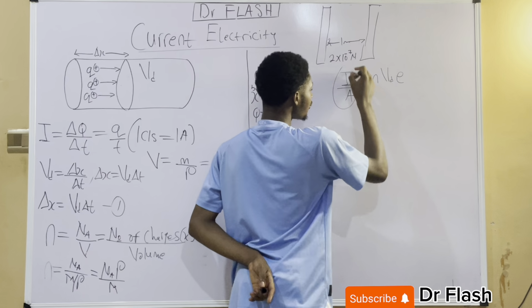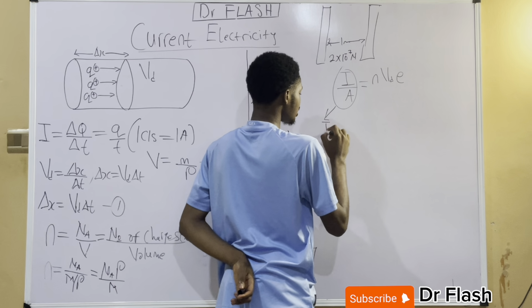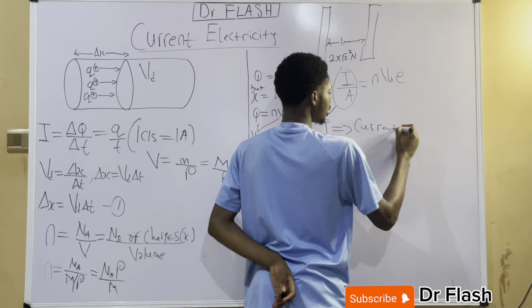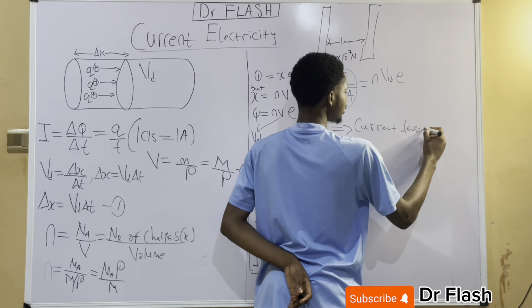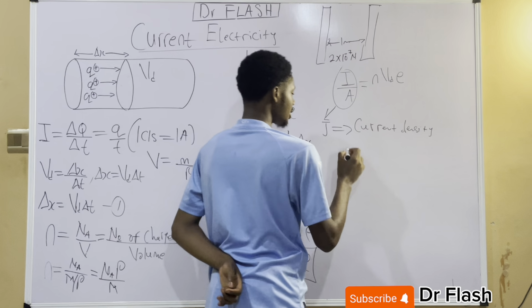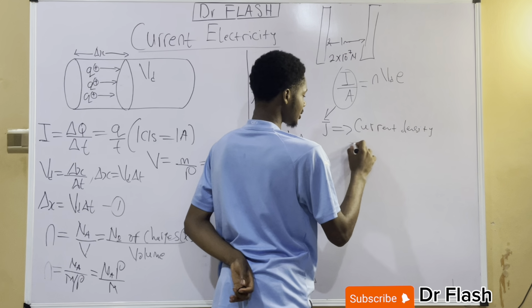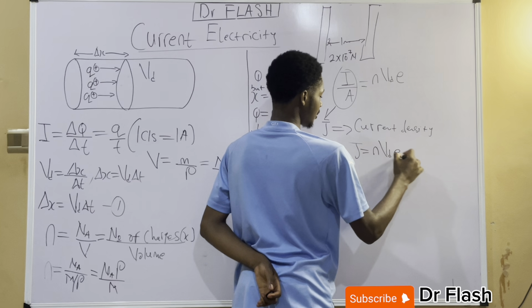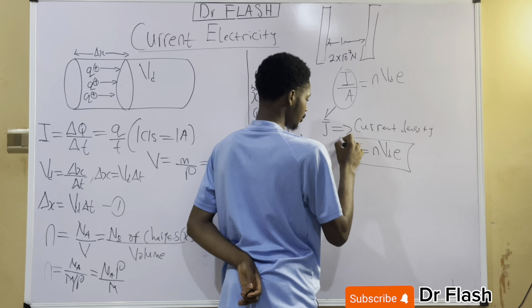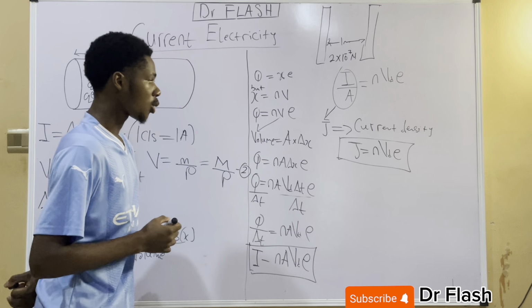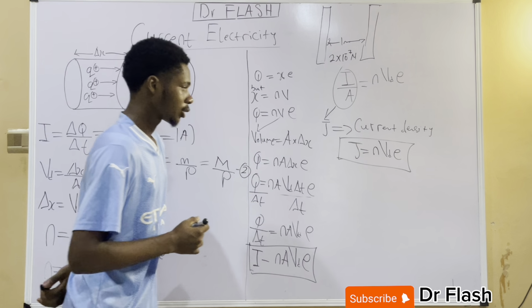It is represented as J, and current density is measured in amperes per meter squared. So J equals N times Vd times E. This is what we call the formula for calculating current density.